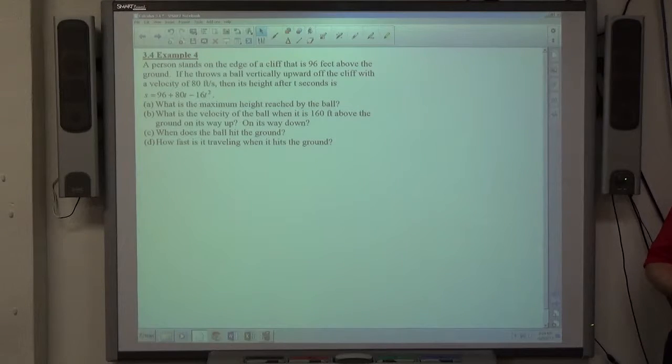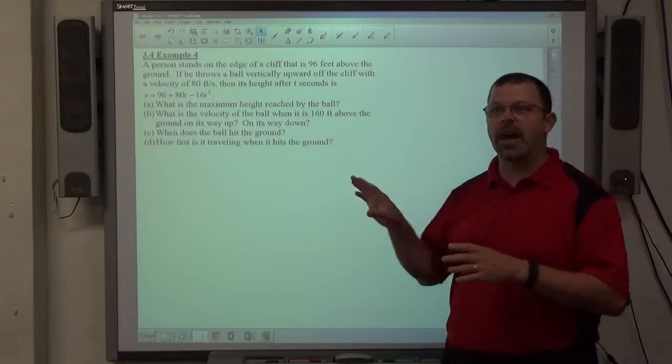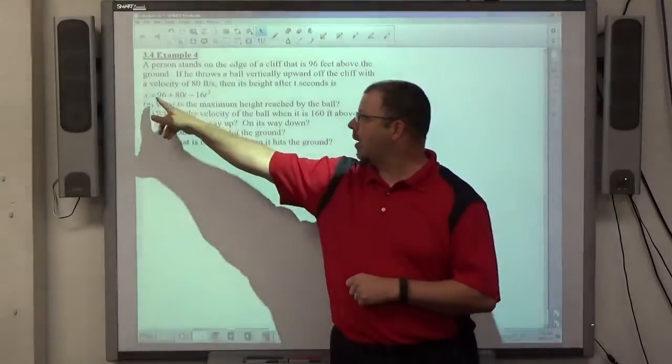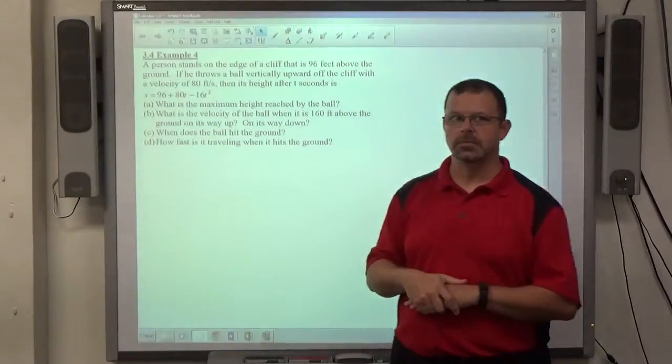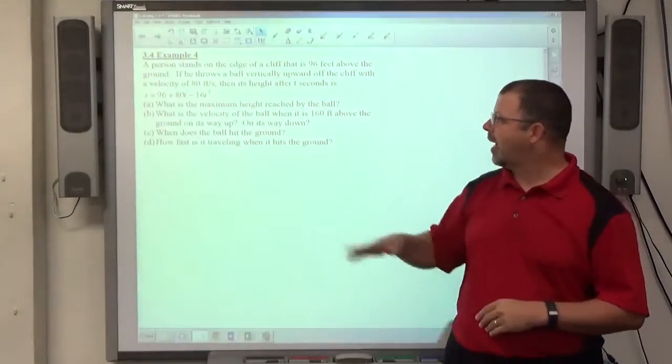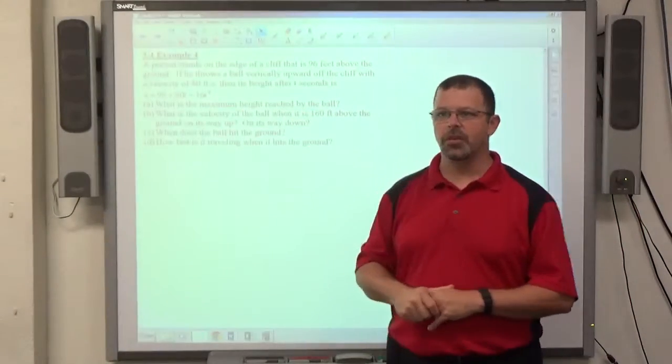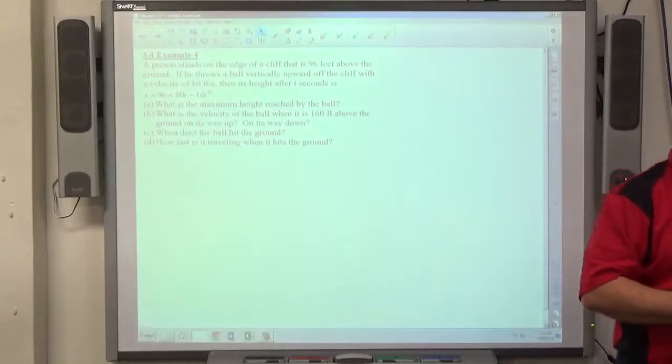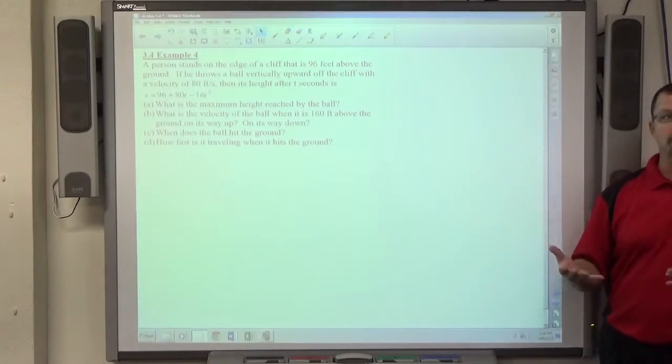Okay, what do I need to know in order to answer the question? If I need to know what the position is, where it's at, so I need to find out what S equals, what do I need to know? What t equals. At this point, do I know what t equals when the maximum height of the ball is attained? Now we have to start thinking about how I can find that out.